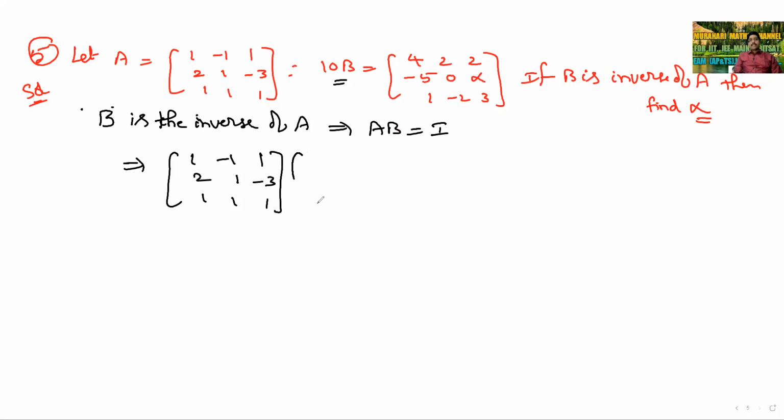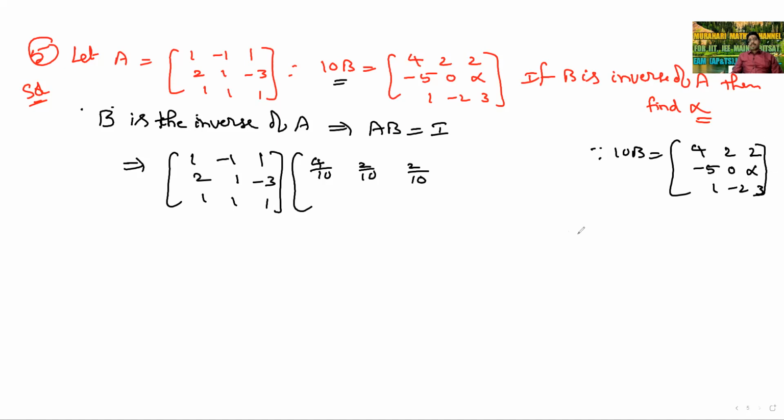Since 10B is equal to 4, 2, 2, minus 5, 0, alpha, 1, minus 2, 3, therefore, B is equal to dividing by 10 on both sides. So 1 by 10 times this matrix, multiplying every element: 4 by 10, 2 by 10, 2 by 10, minus 5 by 10, 0, alpha by 10, 1 by 10, minus 2 by 10, 3 by 10.